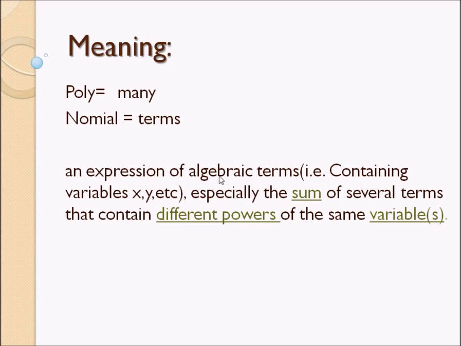The word algebraic means the terms contain variables, for example x, y, etc., especially the sum of several terms that contain different powers of the same variable or variables. So, in general, the sum of different powers of the same variable is known as a polynomial.